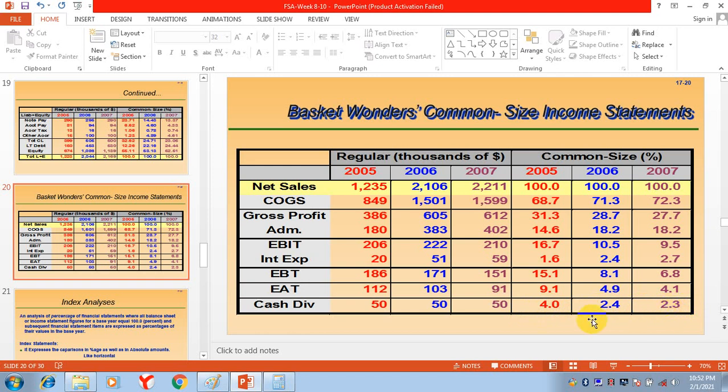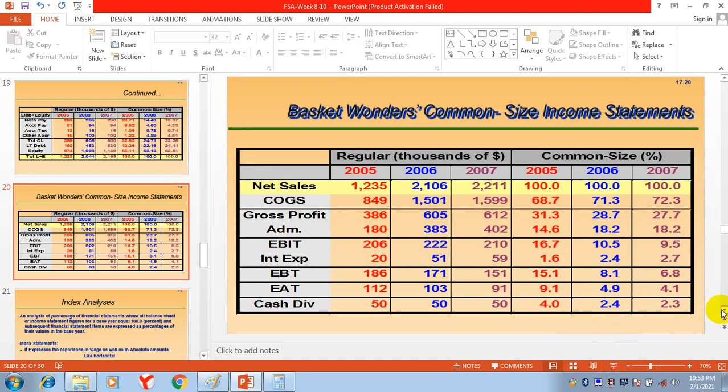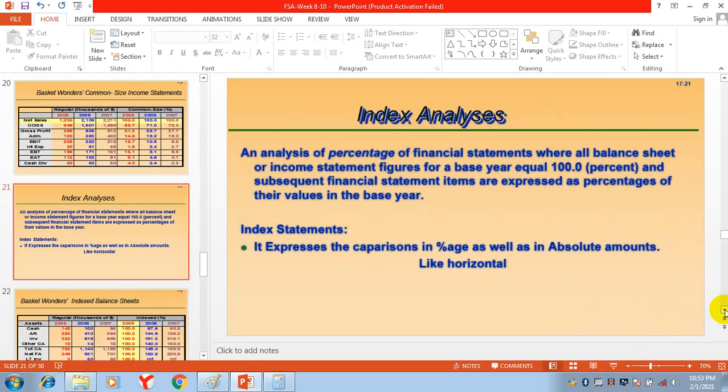Shareholders are expecting more and you are paying less dividend to the shareholders, which is not a good sign. In this way, you will analyze the income statement and balance sheet.